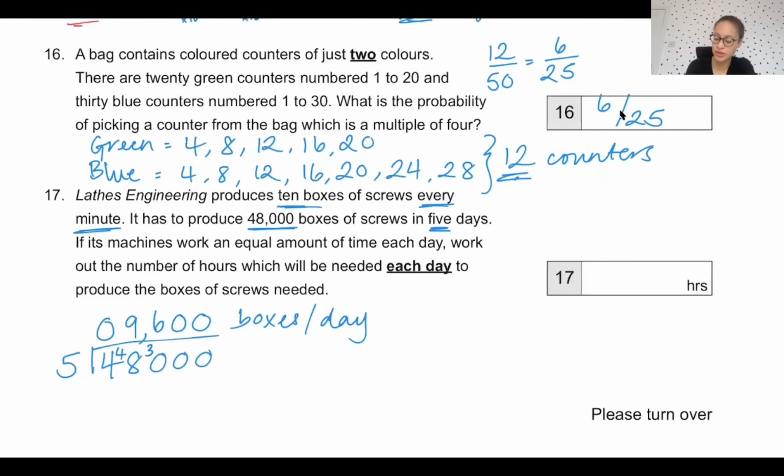And they produce 10 boxes every minute. So how many minutes will it take to produce 9,600 boxes? You might want to set out your work as a ratio, might make it easier. Yeah, the division is simple, but it's just a matter of keeping track of what you're doing. So you know that they make 10 boxes every minute.